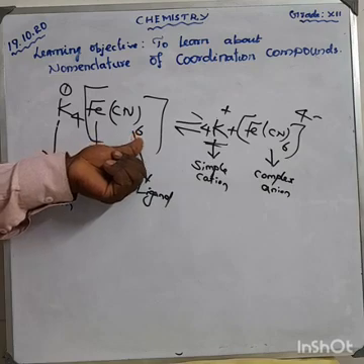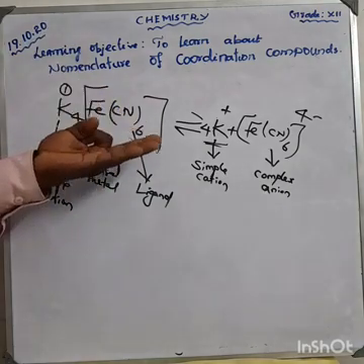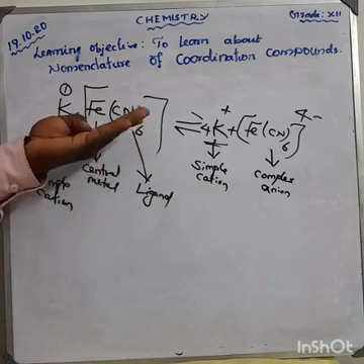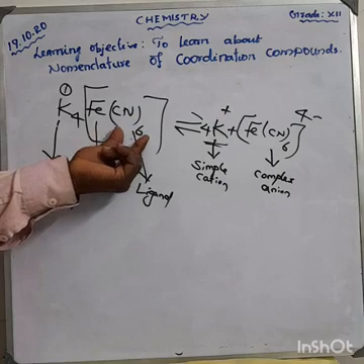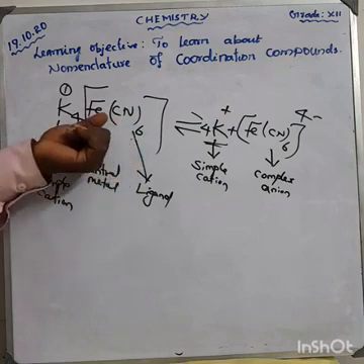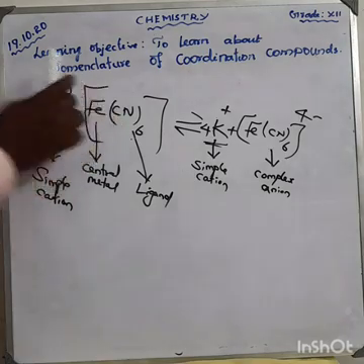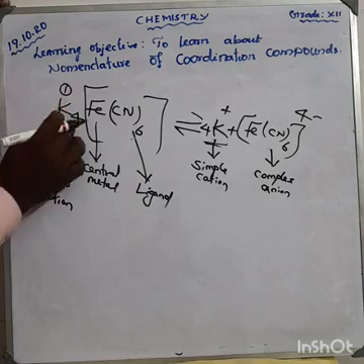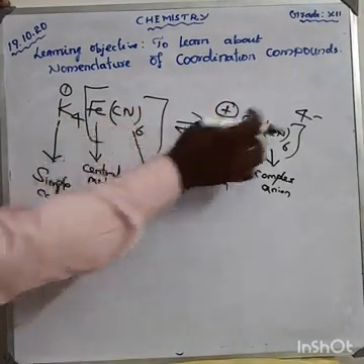6 CN. So 1 means mono, 2 means di, 3 means tri, 4 means tetra, 5 means penta, and 6 means hexa. Hexacyano. This is the charge of the potassium, the plus charge, and this coordination entity has the minus charge.